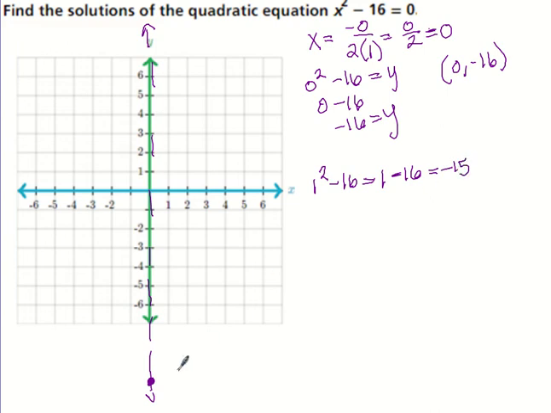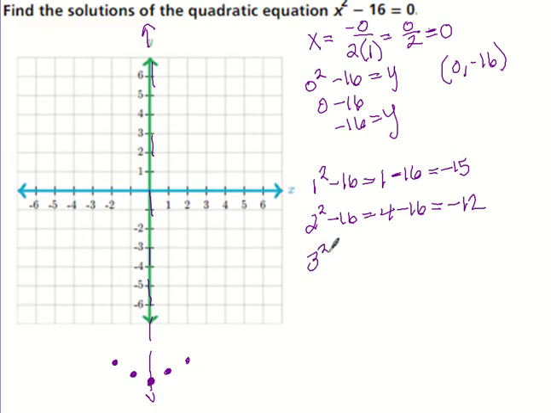So again, way down here, barely moved. If it's 1 this way, it's going to be the same distance away over here, so it's going to be right there. 2 squared minus 16 would get me 4 minus 16, which is negative 12. So again, we are still way down here, and again, it's going to match.